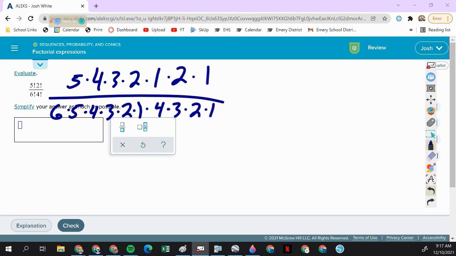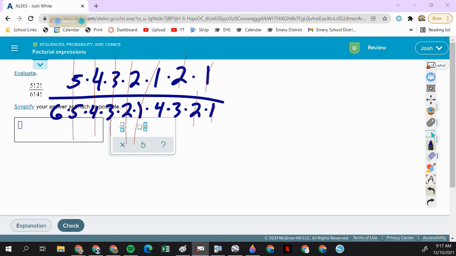And then we just start crossing things out. So those all get crossed out. And this gets crossed out. I guess you could cross out that too. So what's left in the numerator? On the bottom, yeah.